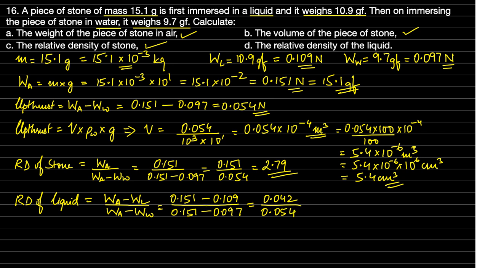So we multiply numerator and denominator by 1000 so that the decimal is not there. So we get this as 42 divided by 54. So 42 divided by 54 gives us approximately 0.78. So 0.78, and that would be the relative density of the liquid.